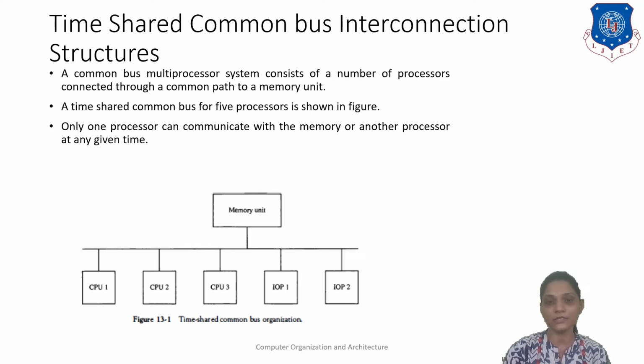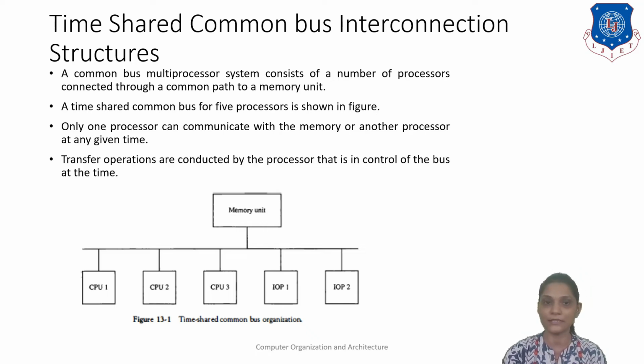The constraint is that only one processor can communicate with the memory or another processor at a given time. The transfer operations are conducted by the processor that is in control of the bus at that time.